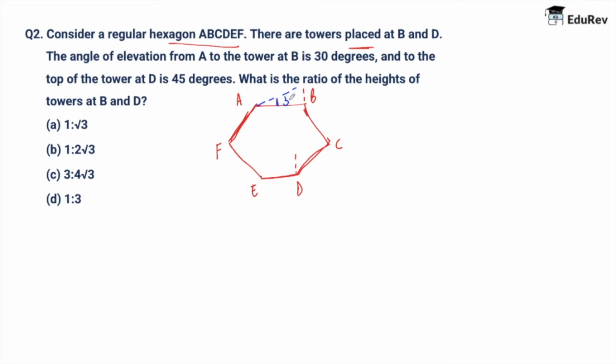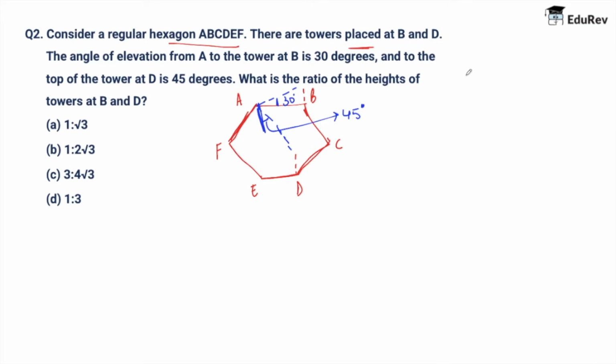And to the top of tower D is 45 degrees. So this angle has to be 45 degrees. So what is the ratio of height of tower B to D?